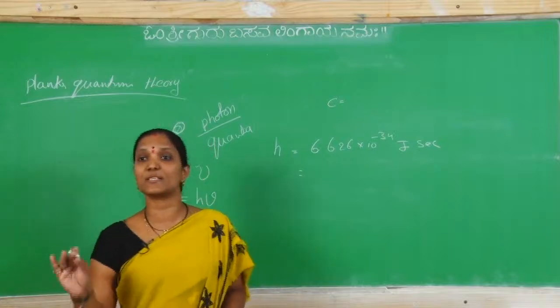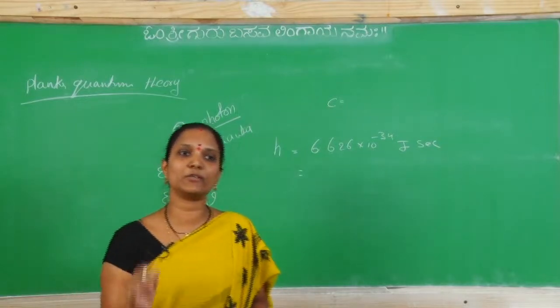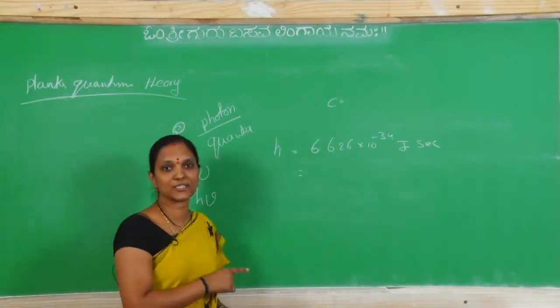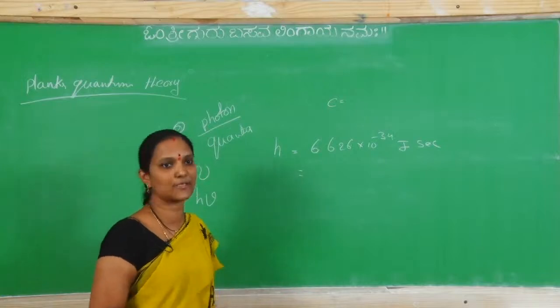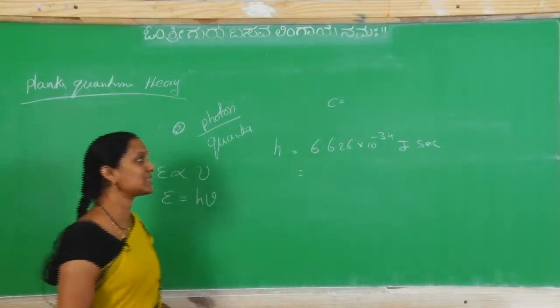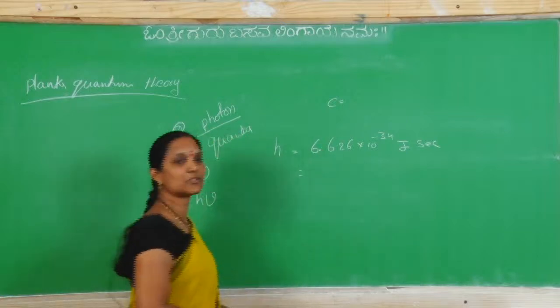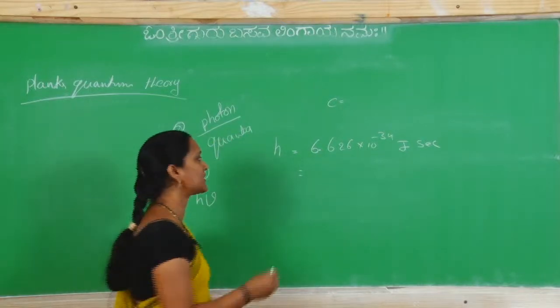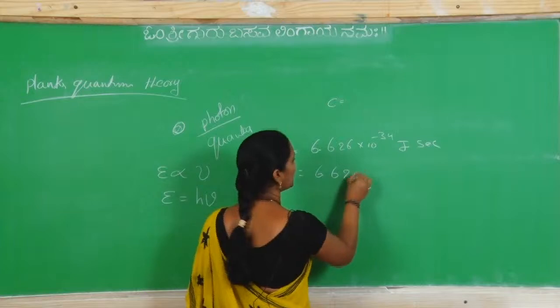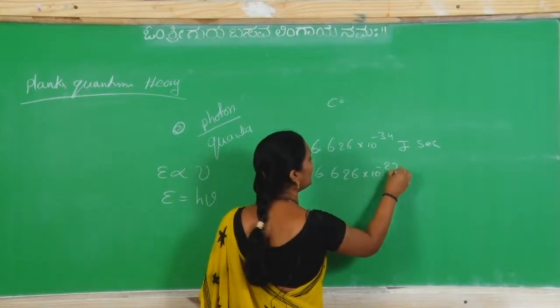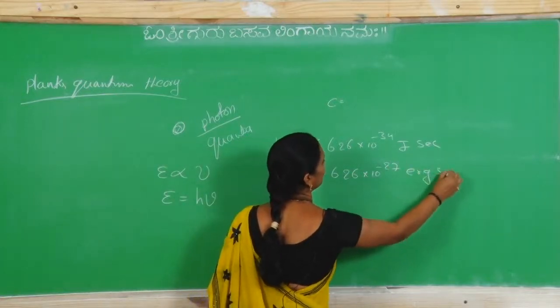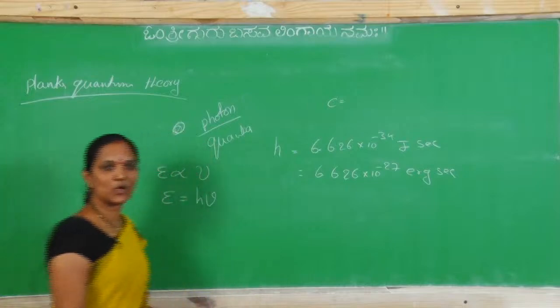Avogadro number is fixed, its value is 6.023 into 10 power 23. And h is Planck's constant, its value is constant. The value of Planck's constant is 6.626 into 10 power minus 34 joule second, or 6.626 into 10 power minus 27 erg second. This is the Planck's constant value.